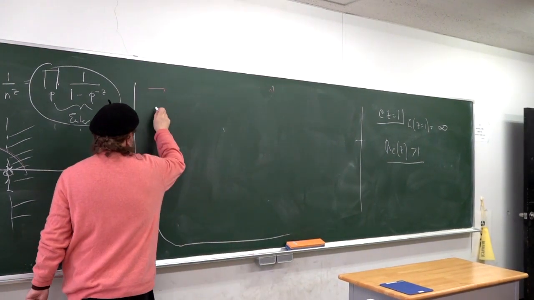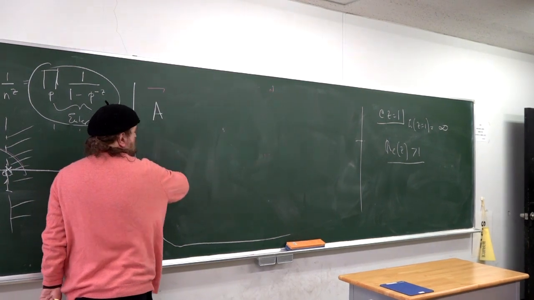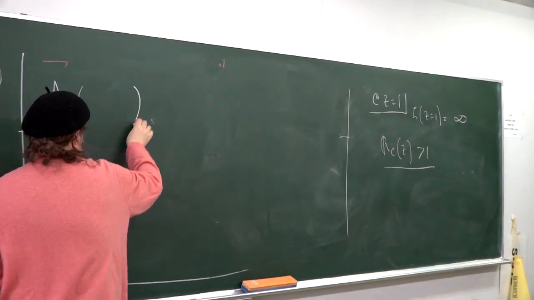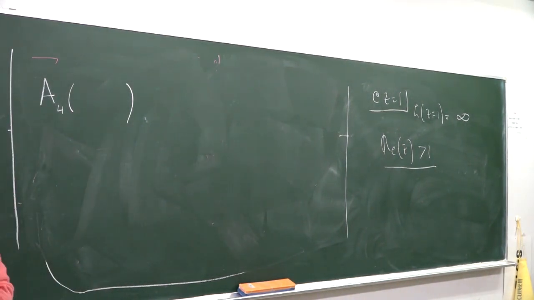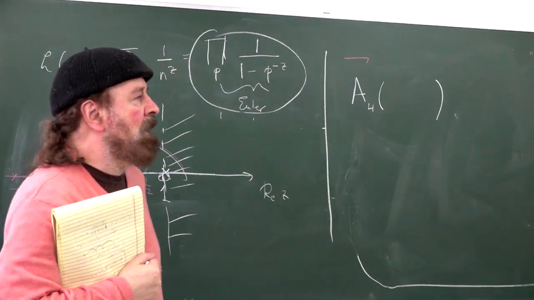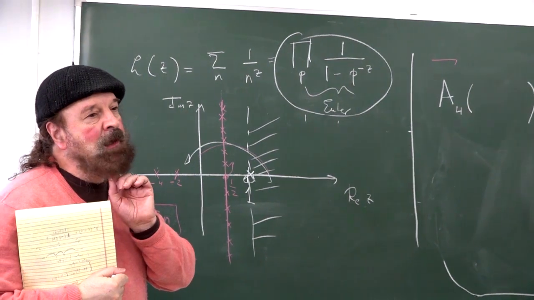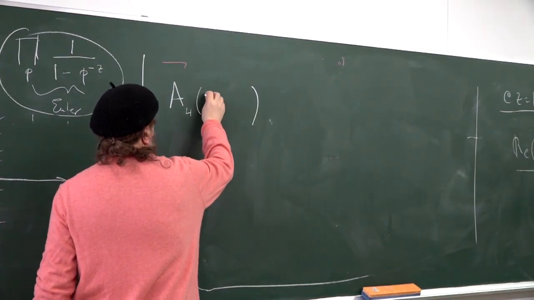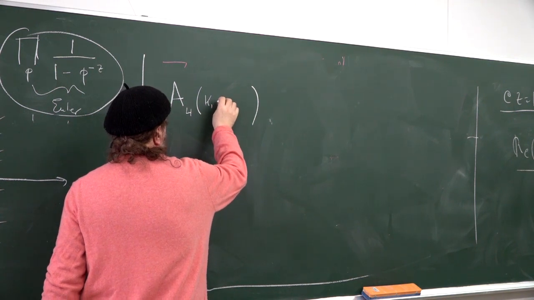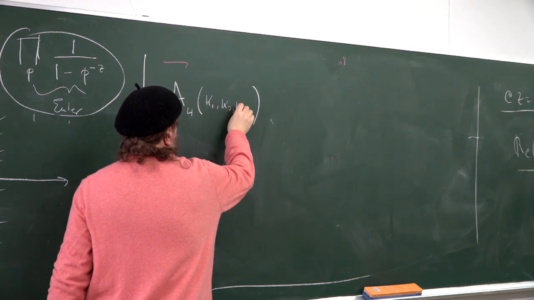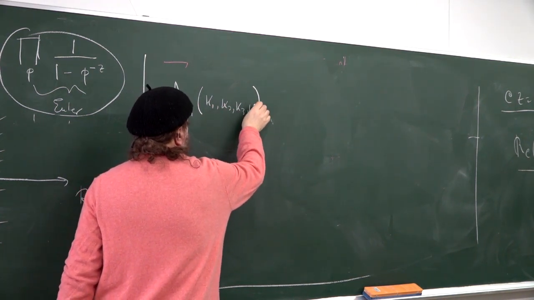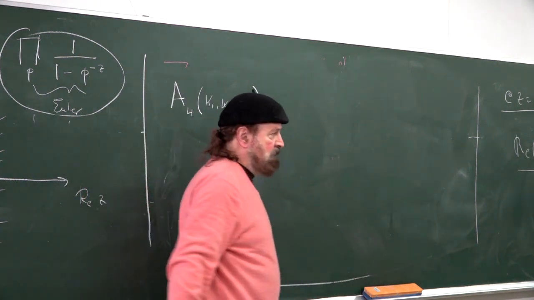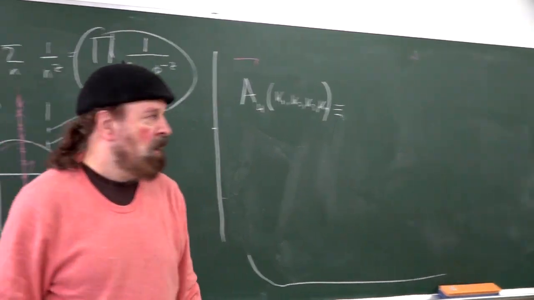So the physical scattering amplitude, you have the interaction of 4 particles. The scattering process is going to be a function of the energy momenta of your particles, K1, K2, K3, K4. But it's very convenient to use this set of variables chosen by Mandelstam.